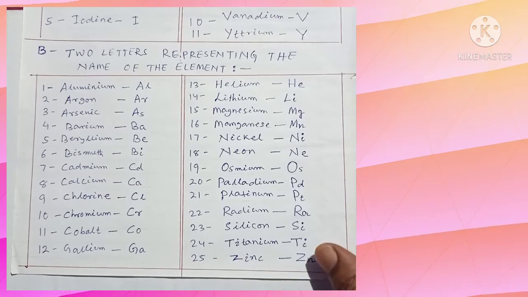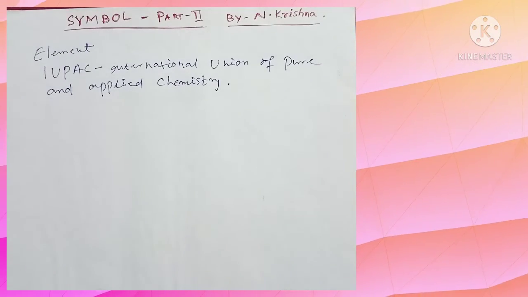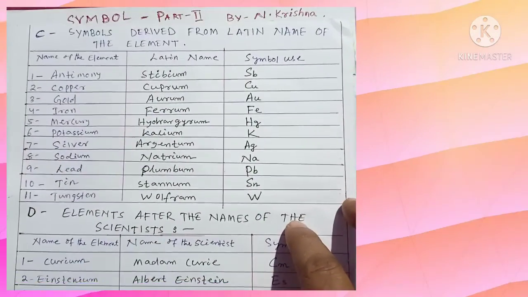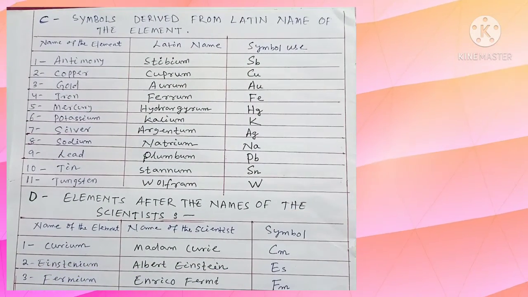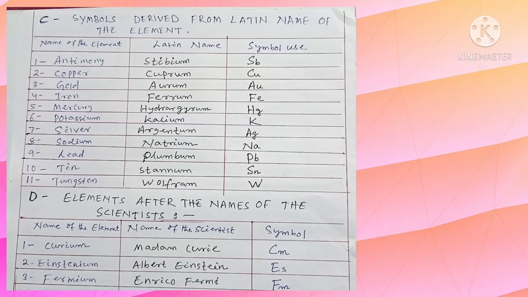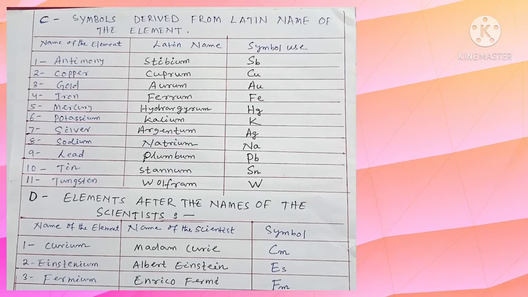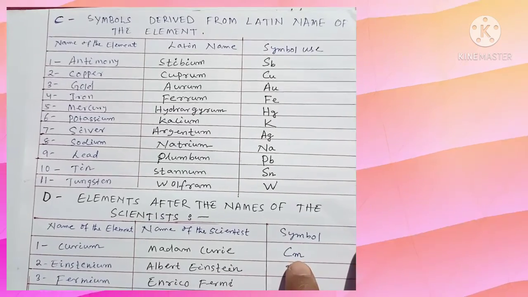Next we shall see symbols derived from the Latin names of the elements rather than the English name. The elements given here have been derived from their Latin names. I have given you the table here.